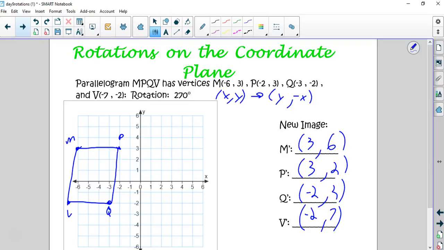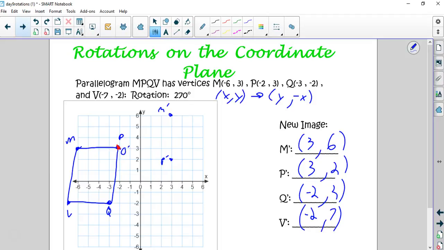So 3, 6, M prime, 3, 2, P prime, negative 2, positive 3, same point, but now it's also Q prime, right here. Use a different color for that one.